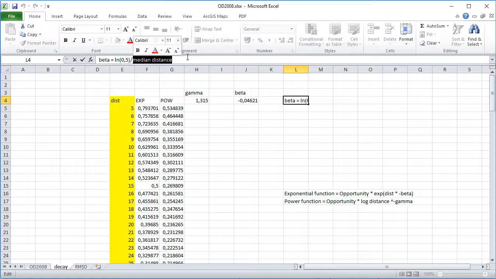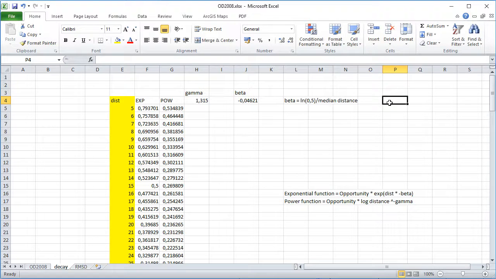In this case, we have log 0.5 divided by the median distance, and we can make up any kind of value to understand what that is. In this case, I've used the value of 15, and that 15 could be kilometers, it could be minutes, could be anything. That means that half of the population would commute up until 15 minutes or units or whatever, and the other half would follow on afterwards.